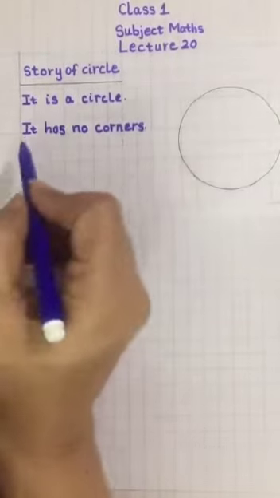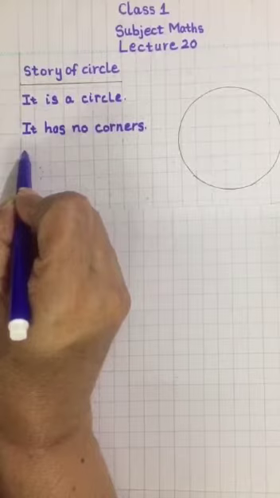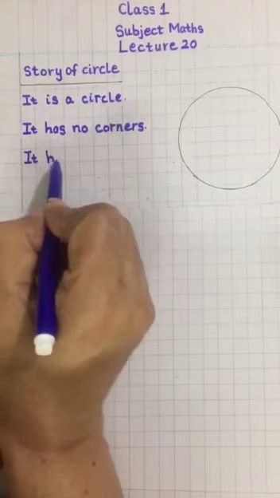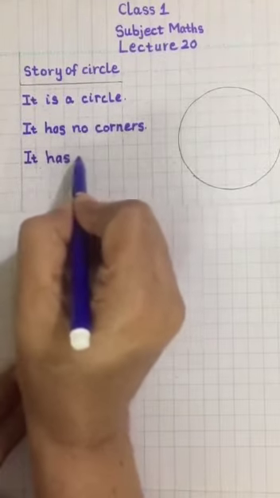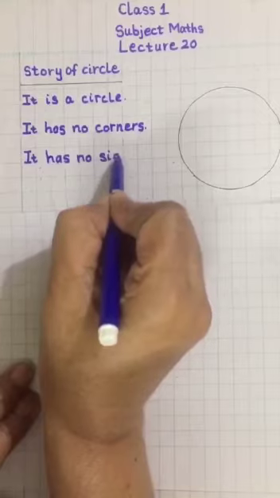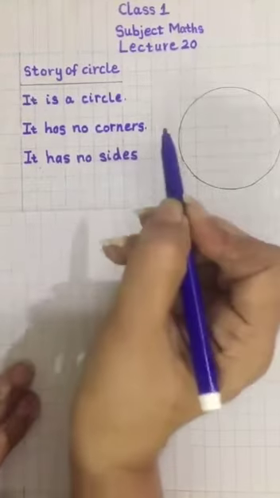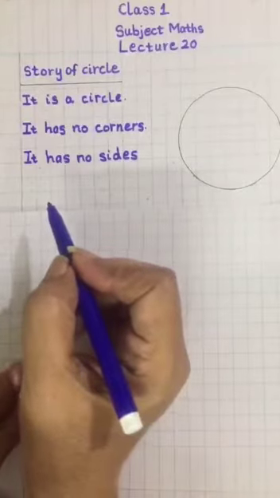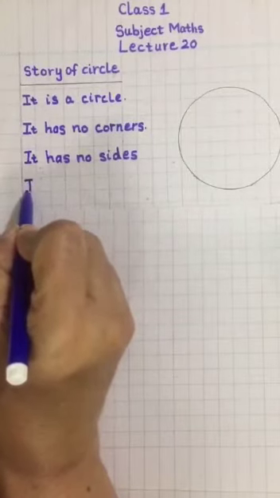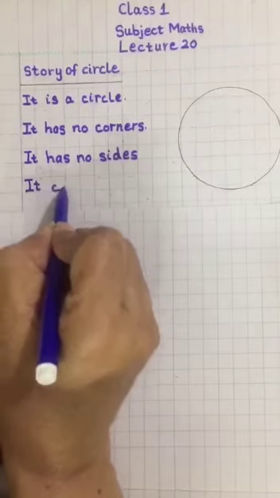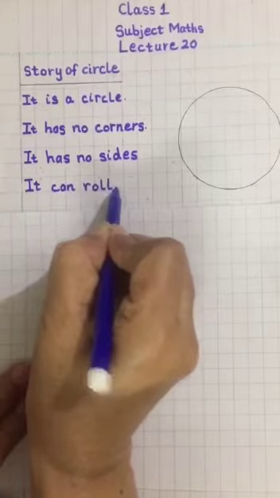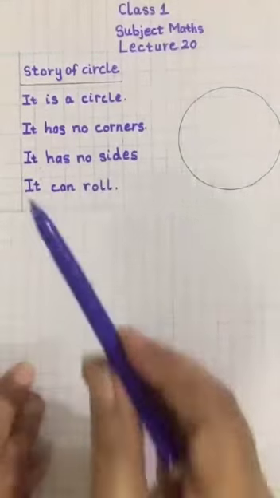It has no sides. It can roll. So this is story of circle.